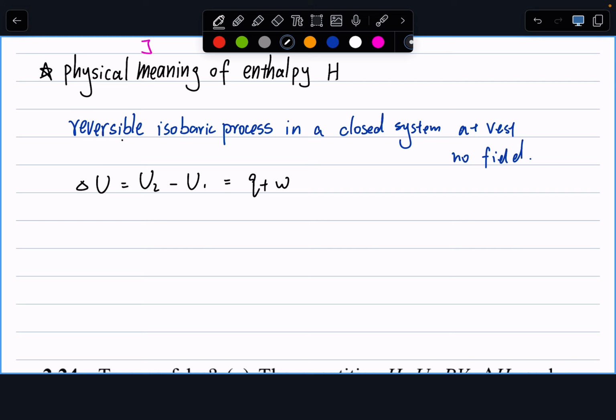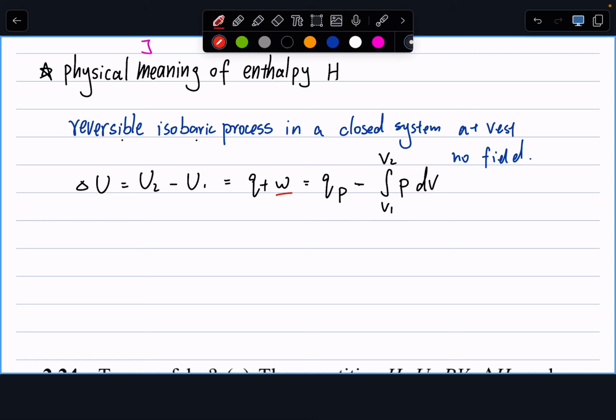For example, we know this is a reversible process and also isobaric. So we can write Q at constant P, where the subscript P tells us it's an isobaric process, minus the integral from V1 to V2 of PdV.